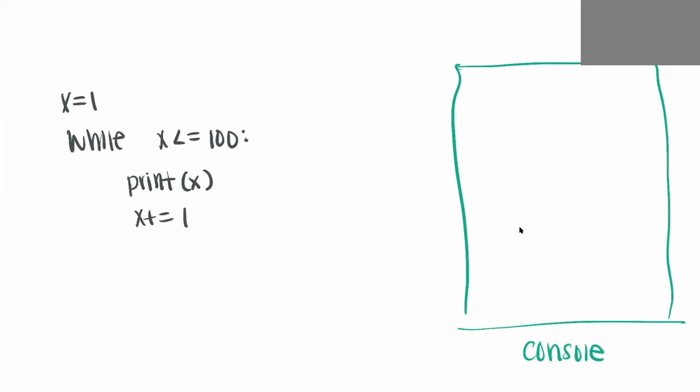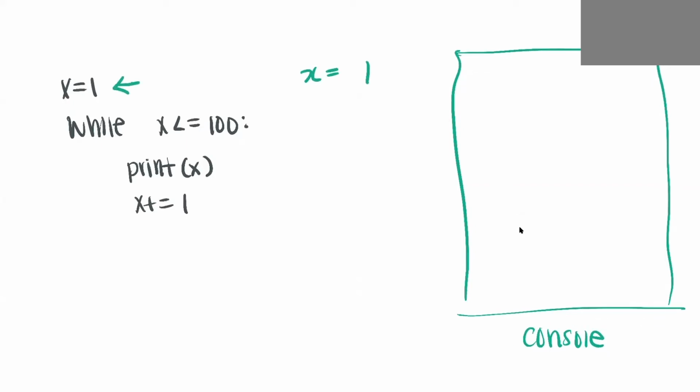And then I'm also going to keep track of everything using a quick table. There's only one thing that goes in the table, and that's x. So right now, x is equal to 1.